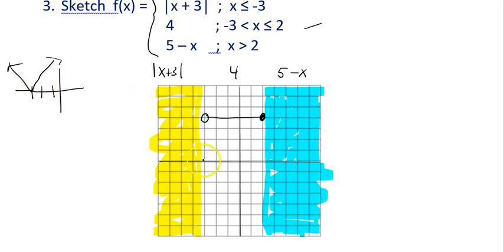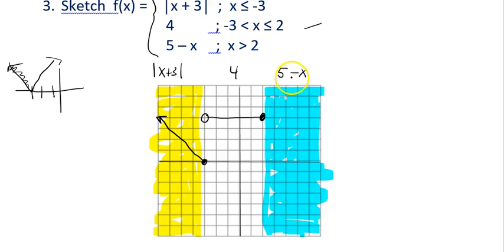But I only want things from negative 3 back, so I only want this section of the graph right here. And I need a closed circle on that because of this sign. So I'm going to do a closed circle on the negative 3, 0, and then do a perfectly diagonal line from there. I'm just looking at that half of the V that falls in the yellow.